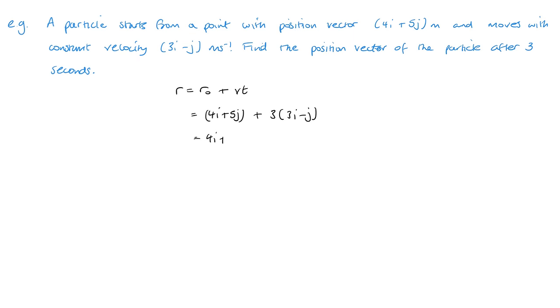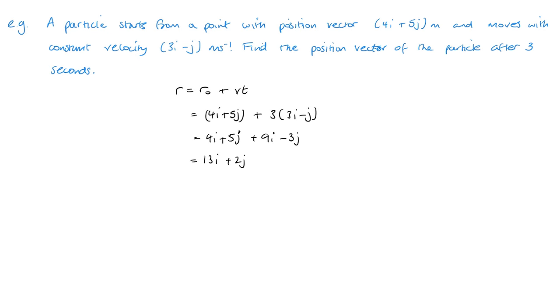So we've got 4i plus 5j plus 9i minus 3j. That gives me 13i plus 2j, and that is the new position vector of the particle after 3 seconds. It's just the starting position plus the displacement. Hopefully that made sense.